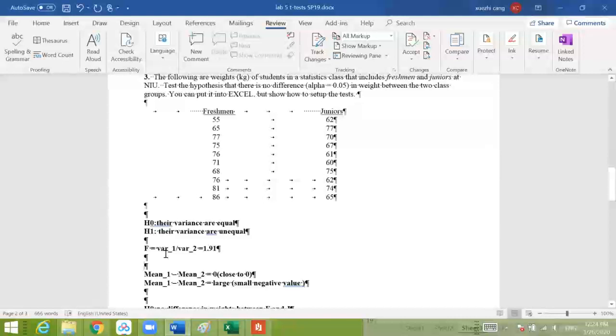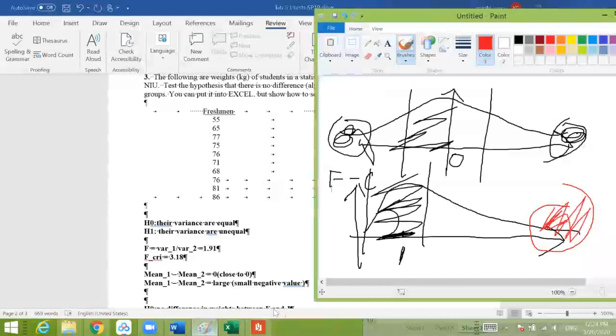So the F critical is 3.18. Let's go back to our F curve.